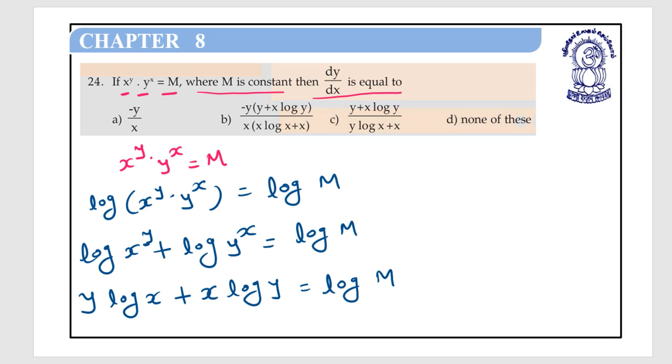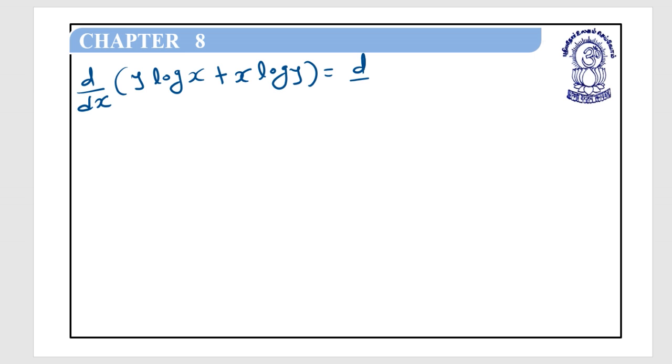Okay, so now take the differentiation. So here d by dx of y log x plus x log y is equal to d by dx of log m. Here m is constant, so differentiation of a constant is 0.